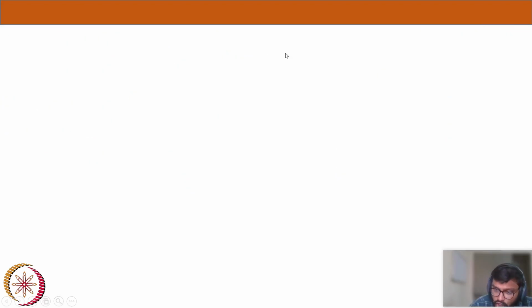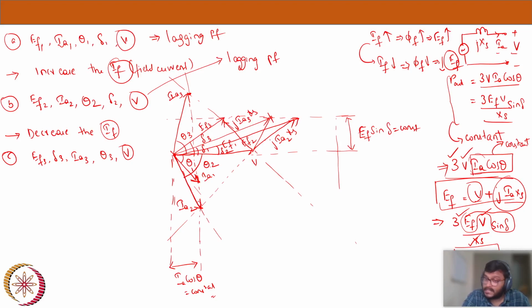And what about over-excitation and under-excitation? When can you say it is over-excited or under-excited? Last week we discussed that it can be said by the length of EF and the length of V. This is the length of V from here to here. If you see the first two operating points, this is EF2, this is EF1, and this is EF3.